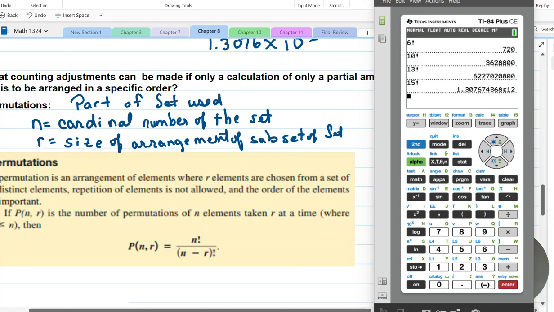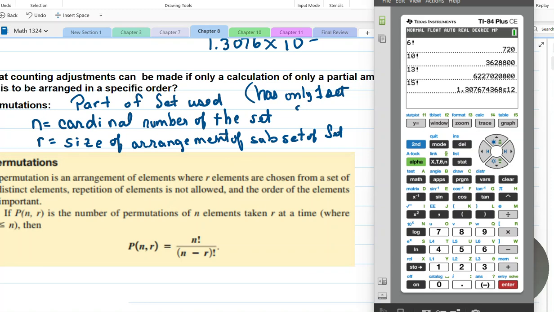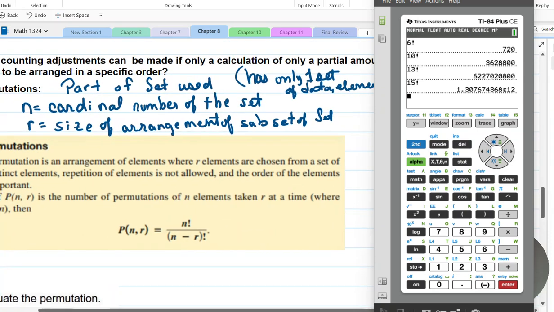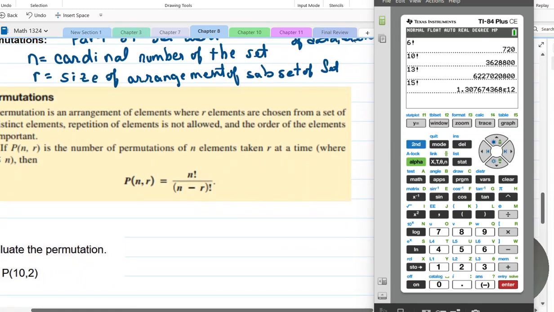In all cases, it's only one set of data or elements, because again, we're in a statistical analysis type consideration.